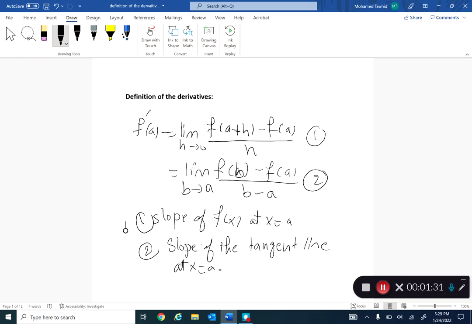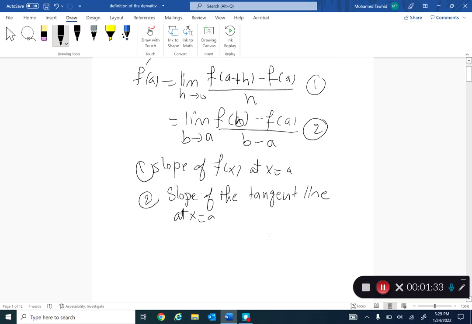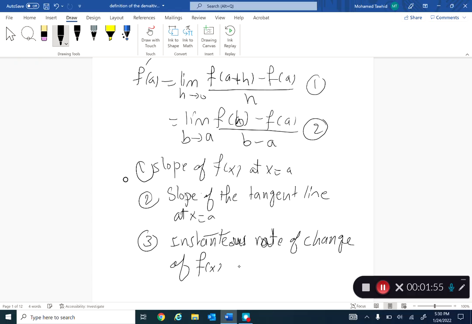And then number 3, we call it the instantaneous rate of change of f of x, also at x equal a, right?